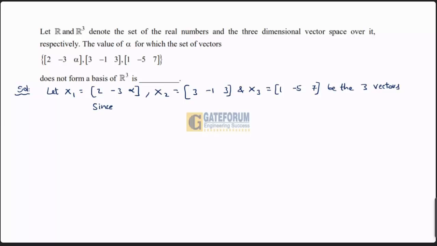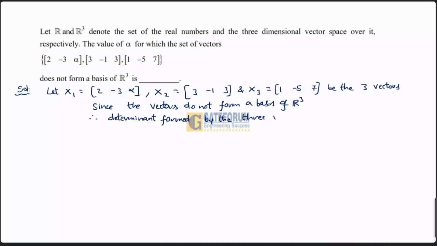Since the vectors do not form a basis of R cube, that is three-dimensional vector space, therefore the determinant formed by the three vectors is 0.